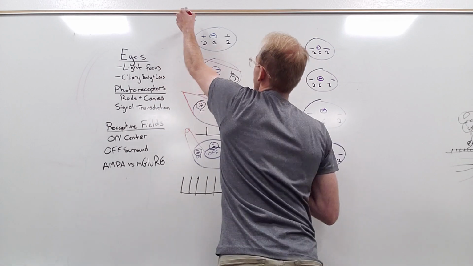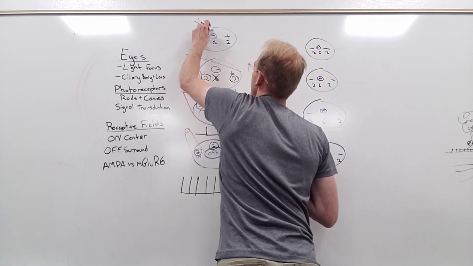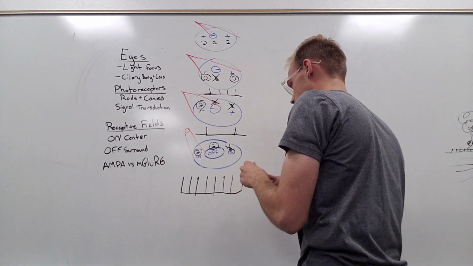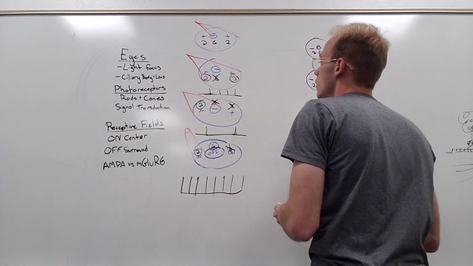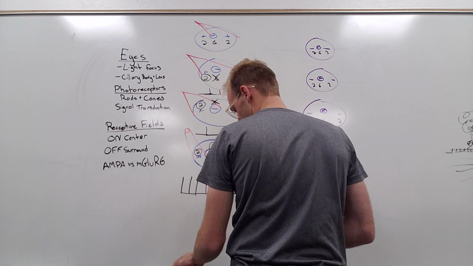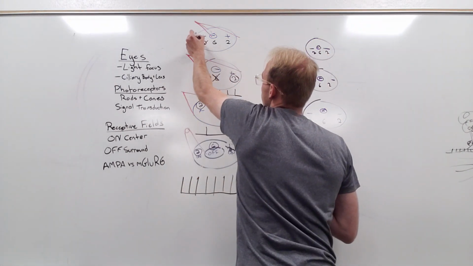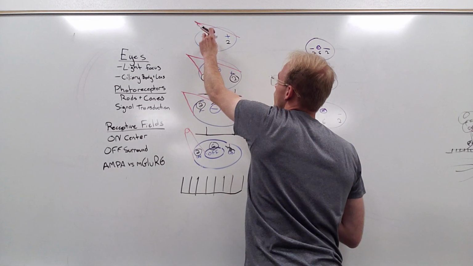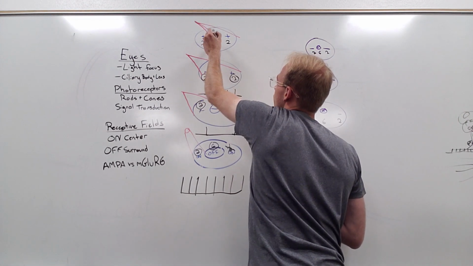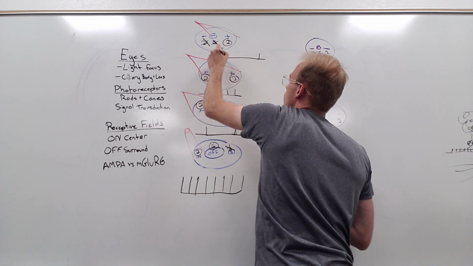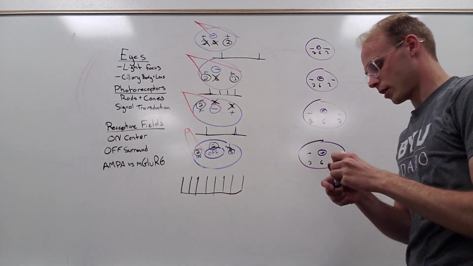Okay, light has moved past, and now light's here. So this doesn't have light on it. It's not being activated. This has light on it, but it's an off center, so it doesn't like that. And then this one is also being sent, which means we only end up getting 2 action potentials.